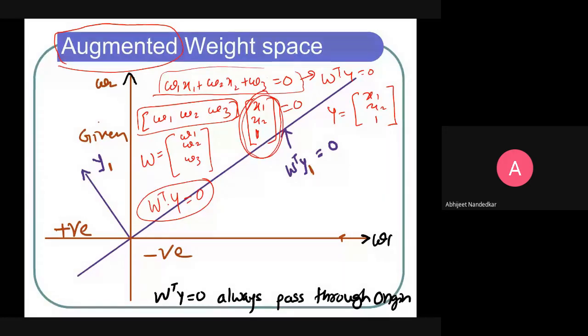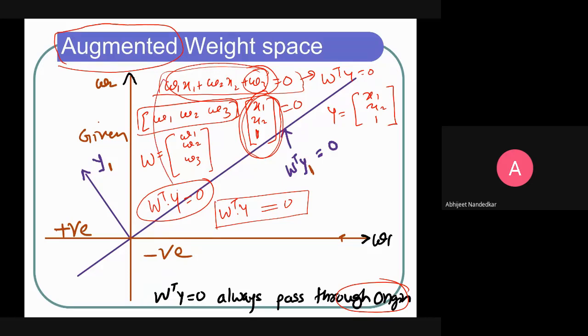The beauty of this is that W transpose y equal to 0 will always pass through the origin. When I go to the earlier equation, there is a constant term, so that will make a difference. So I have smartly adjusted this line into augmented weight space. What is augmented here is this W3 component and the one component here.